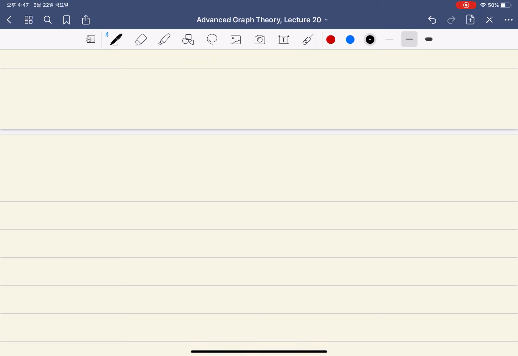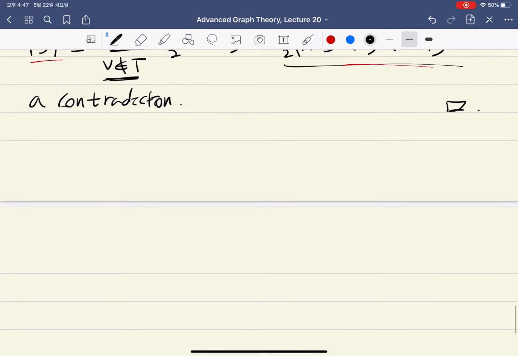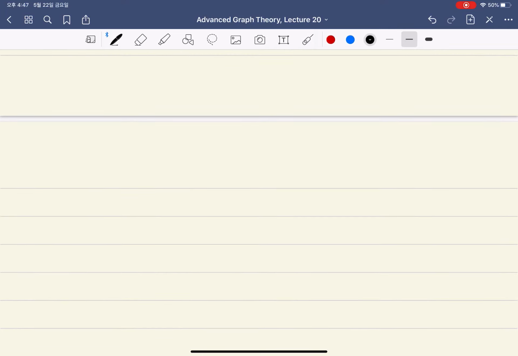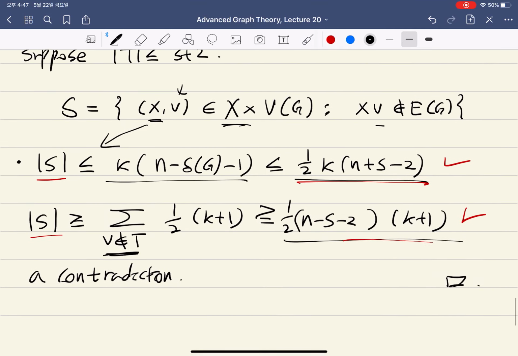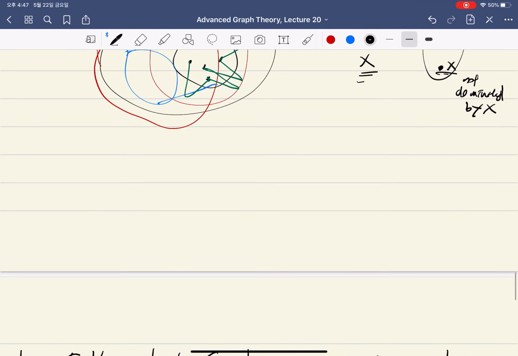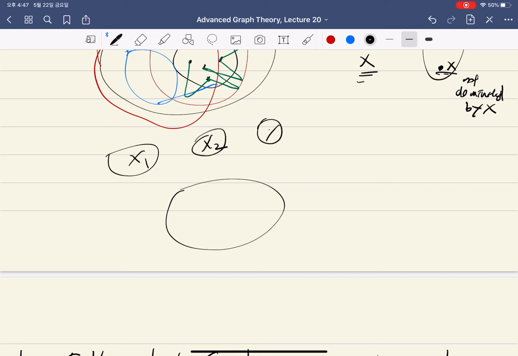And let's use this. We can prove this lemma. So now what we are interested in is that later we have x1, x2, x3, and then they dominate lots of vertices.